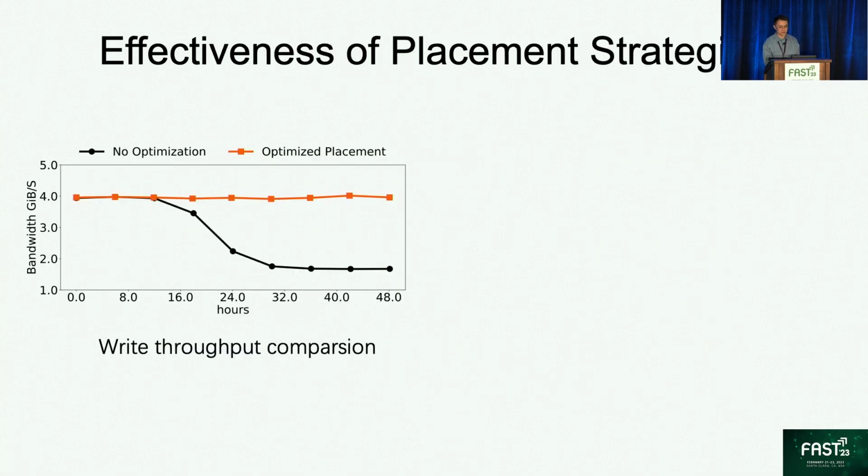In order to study the effectiveness of SMRSTORE placement, we compare the performance of SMRSTORE between enabling and disabling the strategies. The black line shows SMRSTORE suffers a similar performance drop to F2FS if we disable the strategies. And the orange line performs better with optimized placement.